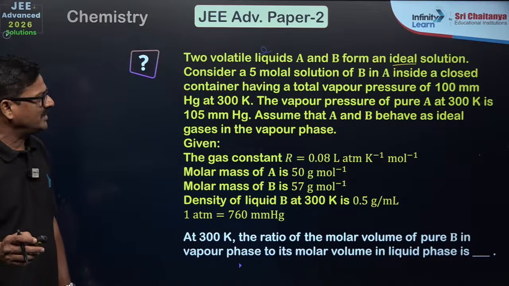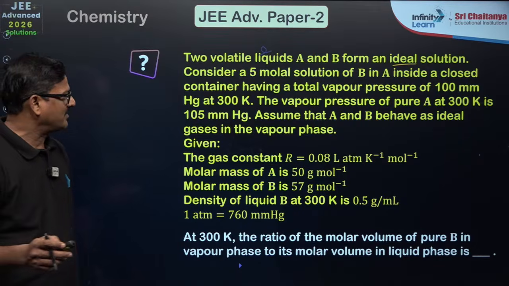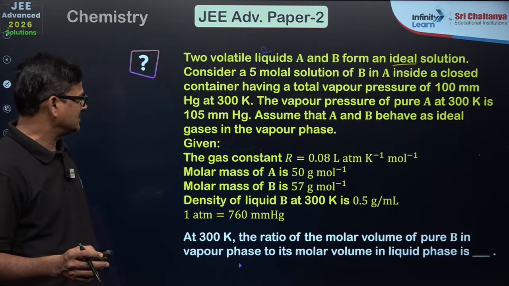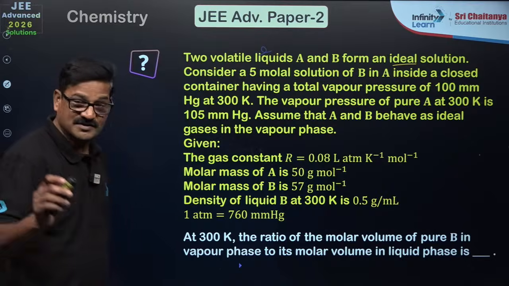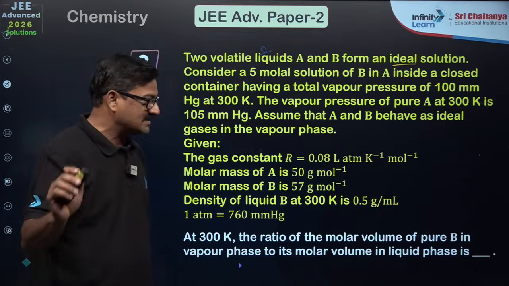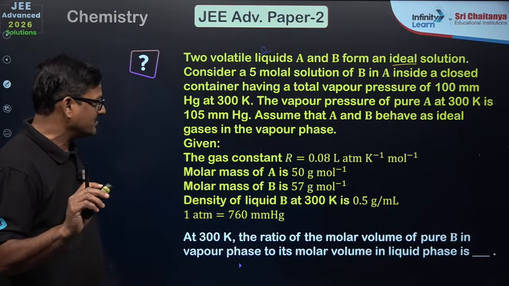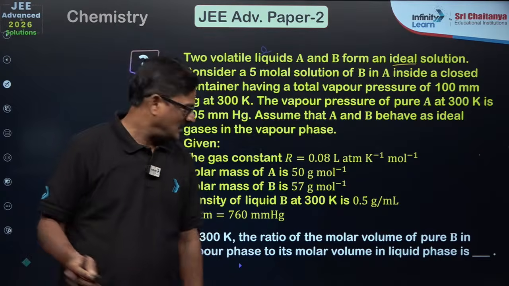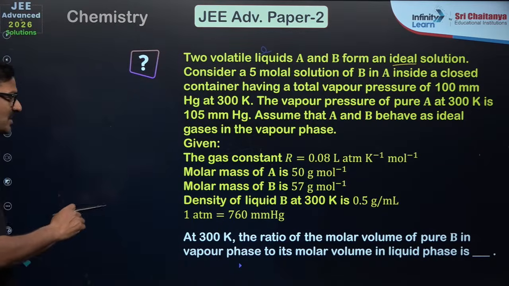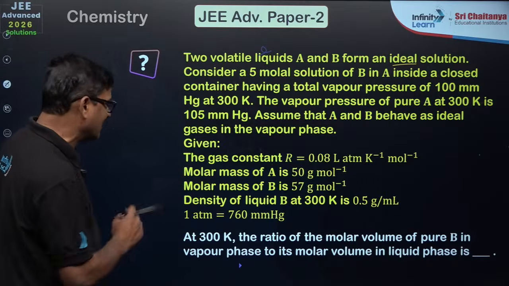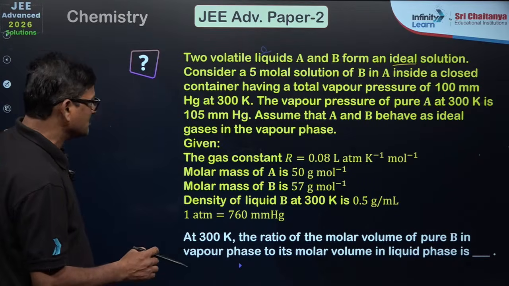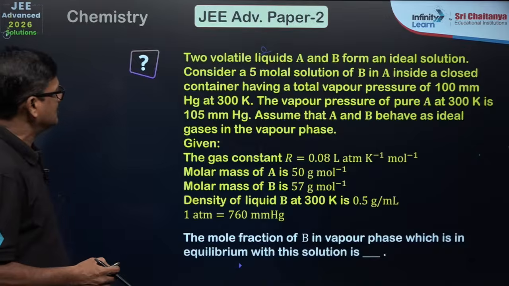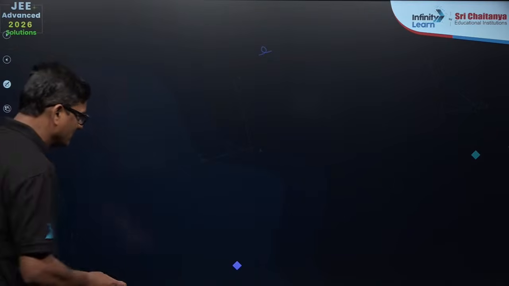The vapor pressure of pure A at 300 Kelvin is 105 mmHg. Assume that A and B behave as ideal gases in the vapor phase. The R value is given, molecular mass of A is 50, molecular mass of B is 60, the density of liquid B is given, and the conversion factor for 1 atm is also given. At 300 Kelvin, the ratio of the molar volume of pure B is the second part of the question, and we have to solve this as well as this. I will solve it in one shot, and you will get it.